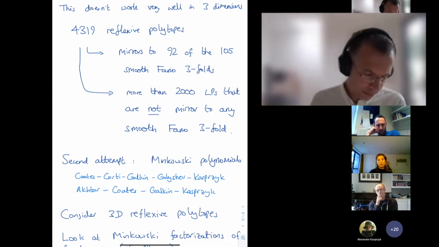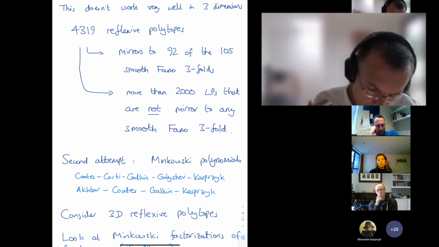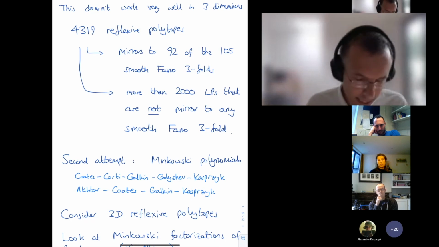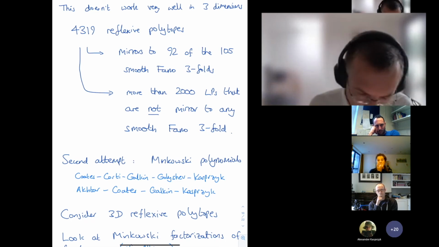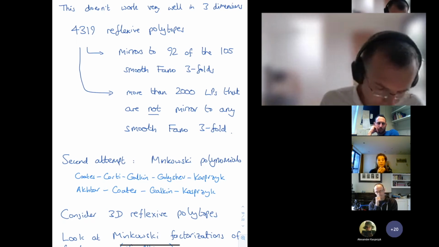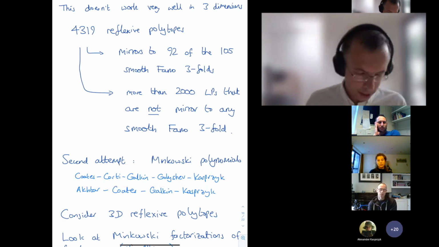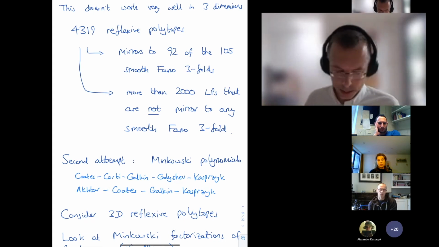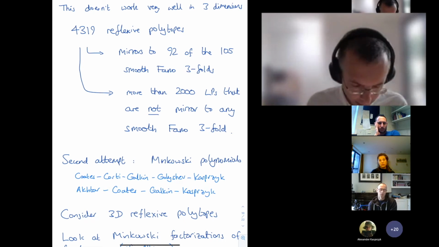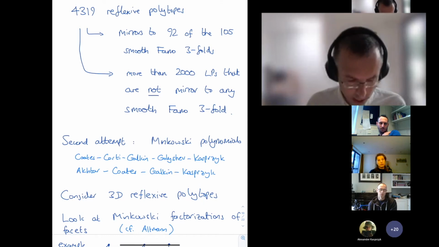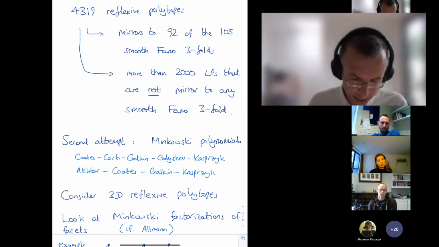A more effective attempt in 3 dimensions was this idea of Minkowski polynomials, which was introduced in joint work with Coates, Galkin, Golyshev and Kasprzyk, and studied in this paper with Akhtar, Galkin and Kasprzyk.